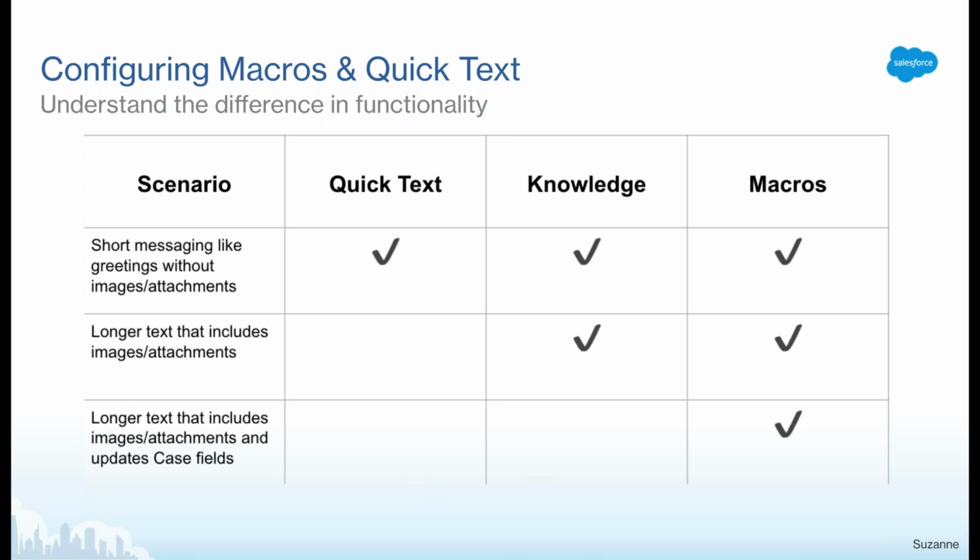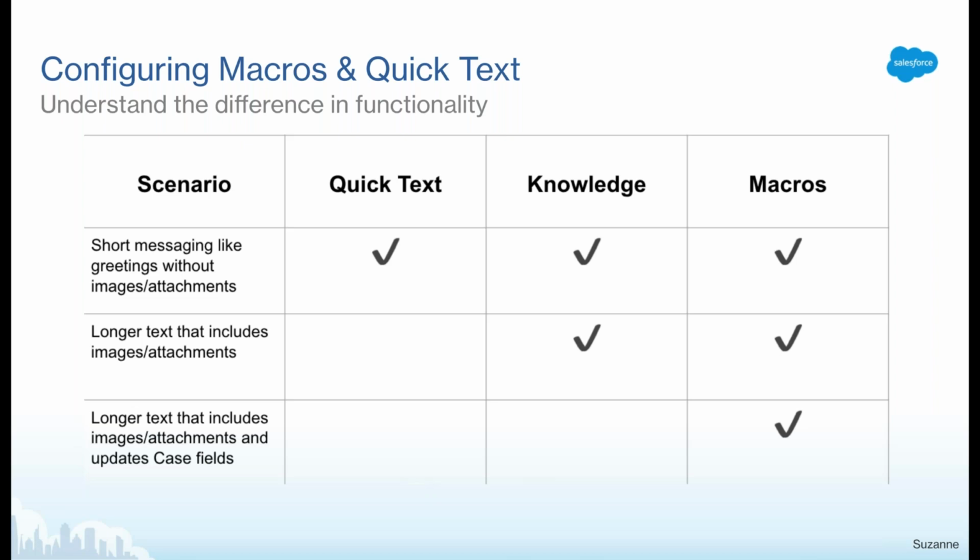The most commonly used one would be macros, which are very similar and equivalent to macros that we have in Desk. In addition to that, we have the quick text feature that Barb covered briefly in the very beginning.